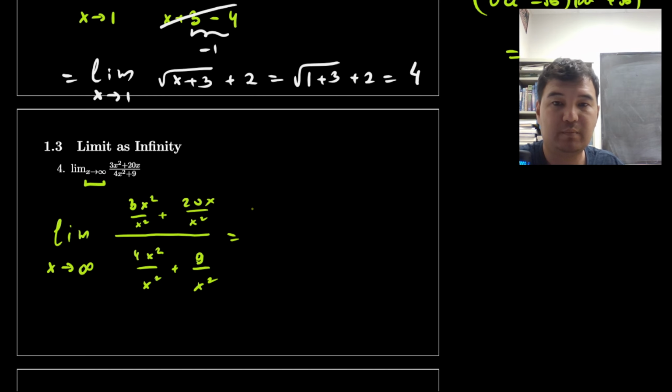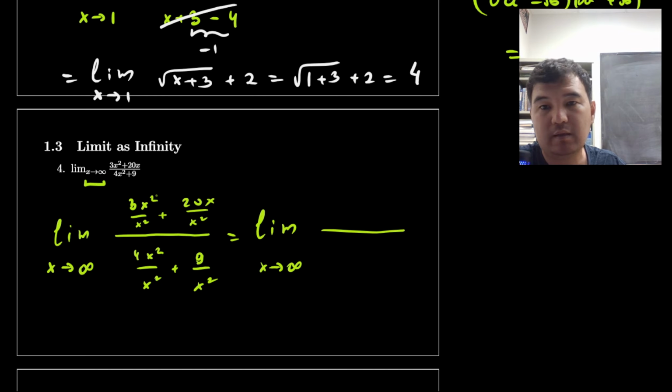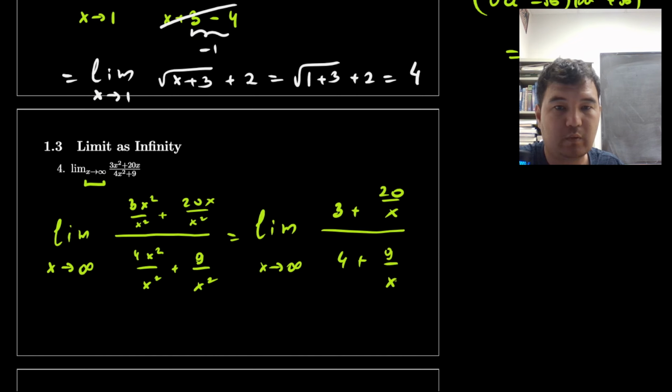Now we can simplify one more step. These x squared terms cancel out, so we have 3 plus 20 over x, and one of the x's cancels out. Here we have 4 plus 9 over x squared.